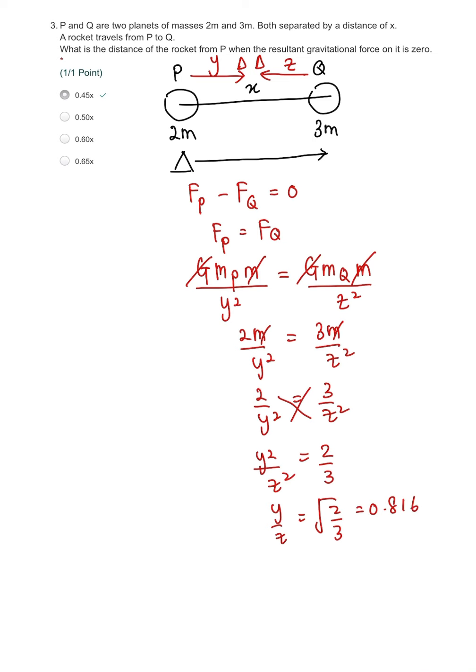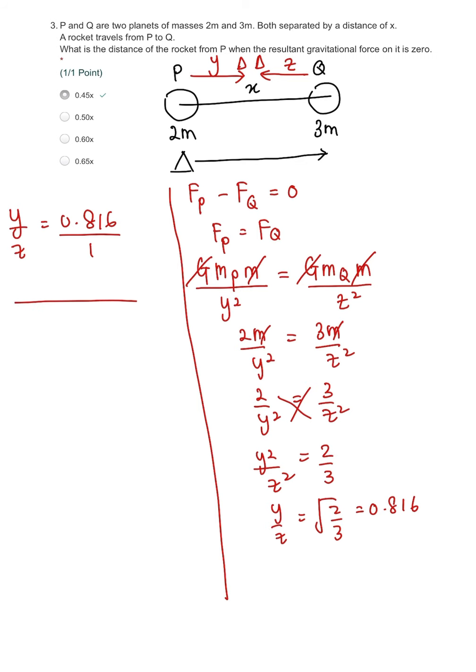Okay, so now we look at the ratio. y over z is equal to 0.816, so 0.816 over 1. Okay, so kat sini kita tengok, from y dengan z, y is equal to 0.816 and z is equal to 1.